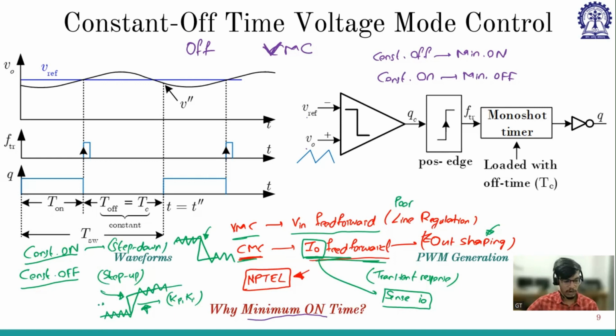No, Sir, I am talking about load current transient, not reference transient. There are two things you have to take: one is load transient, and another one is the reference transient. Whatever I am showing is a load transient, not a reference transient.